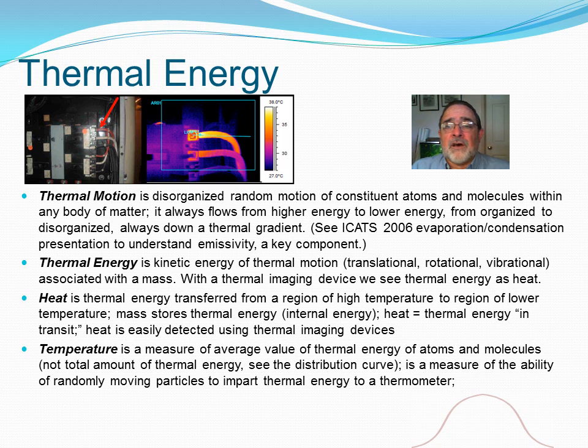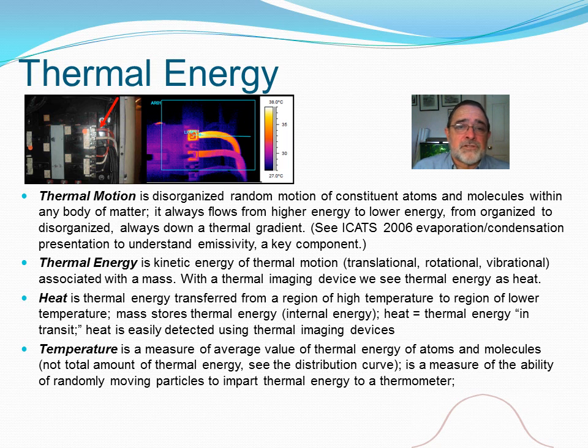You can see the ICATS 2006 evaporation condensation presentation to understand emissivity, which is a key component in understanding thermal energy. It has to be transferred to the surface and then emitted as thermal energy or thermal radiation in order for us to see it.